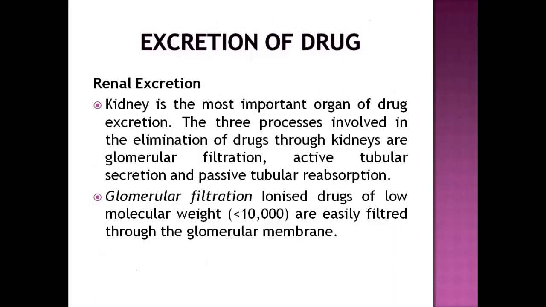Next, moving on to the excretion of drugs. First, we see renal excretion. The kidney is the most important organ of drug excretion. The three processes involved in the elimination of drugs through the kidneys are glomerular filtration, active tubular secretion, and passive tubular reabsorption.